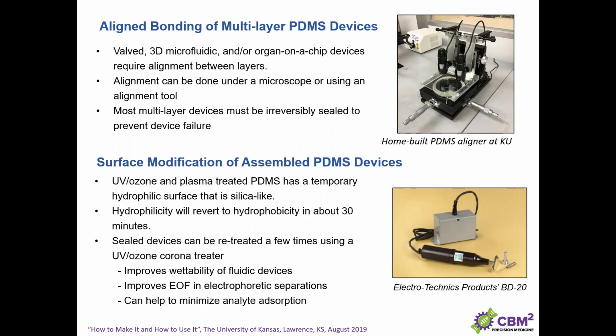Another nice tip that I got from him is that you can also modify PDMS devices internally with this Corona discharge device. After your PDMS is already assembled, you can modify the inserts, making them hydrophilic from hydrophobic simply by running this Corona wand above the chip.